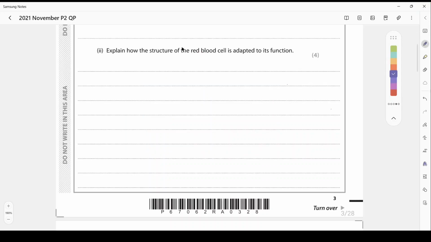So earlier we mentioned that it has a biconcave shape to increase surface area for diffusion.